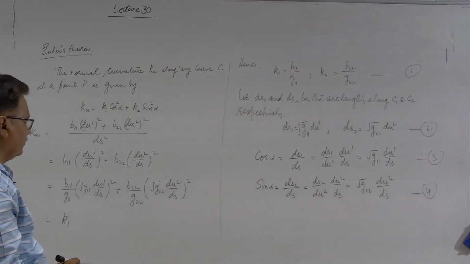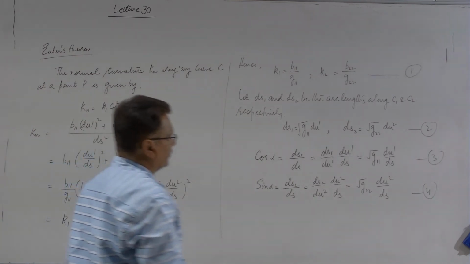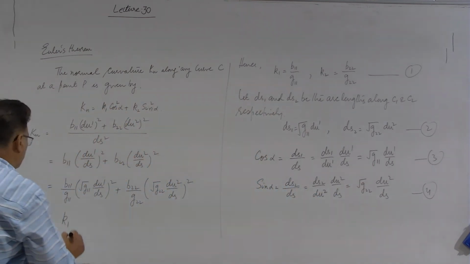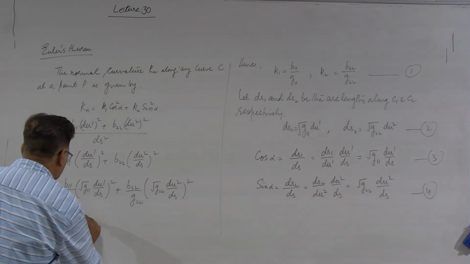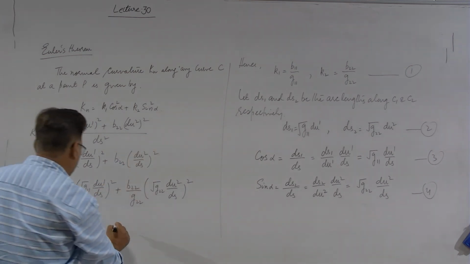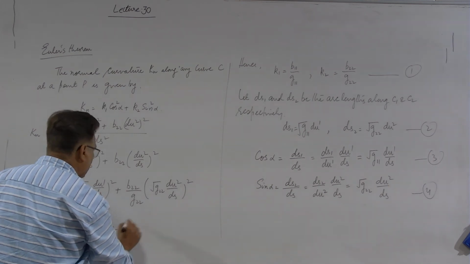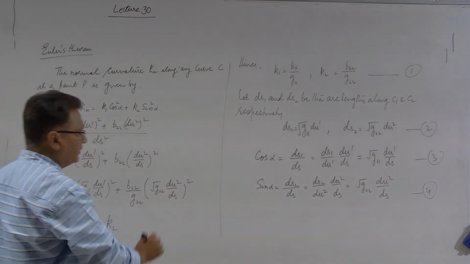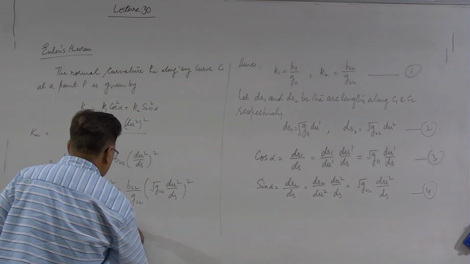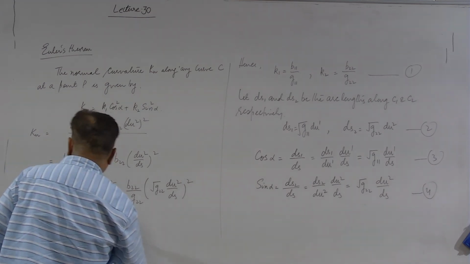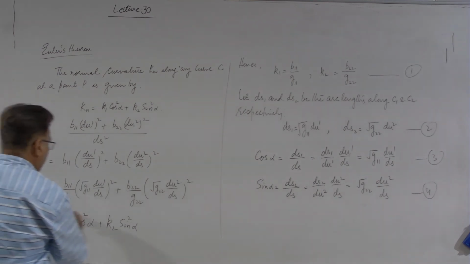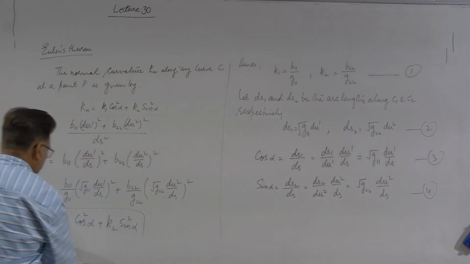Under root g11 into du1 over ds, from number 3, is cos alpha, and the square will give you cos square alpha. b22 upon g22 is k 2, and this quantity by relation number 4 is sin square alpha. So, I am done. k n comes out to be this.